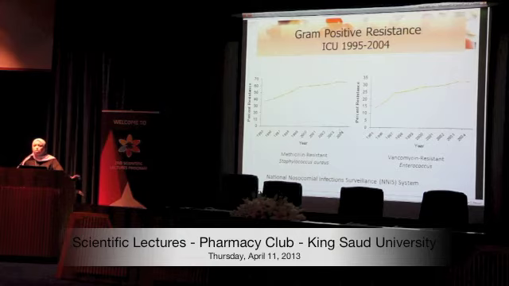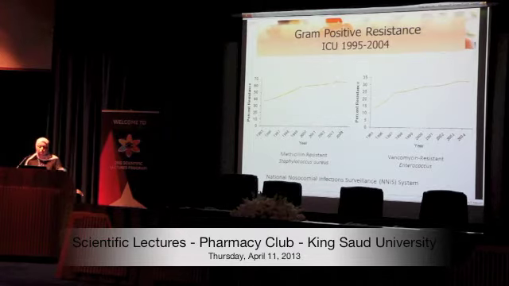A lot of studies faced this problem. The ICU is one of the most problematic departments in our hospitals all over the world. The National Nosocomial Infection Surveillance covered almost all the infections, especially MRSA and vancomycin-resistant Enterococcus. As we can see from these graphs, it's rising.